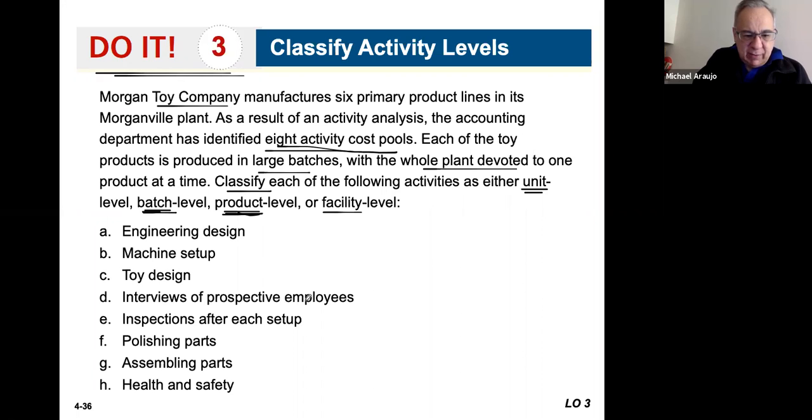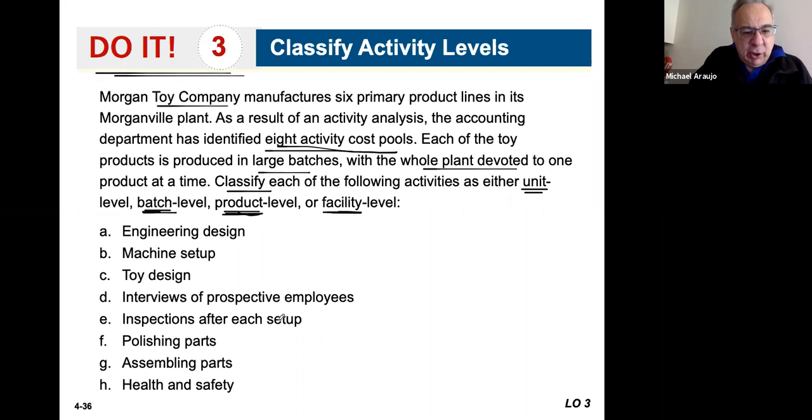Hiring and interviewing of potential employees. Well, the reason you need employees in the first place is because you need people in the facility to get the job done. So that becomes a facility level activity. Inspections done after every setup.